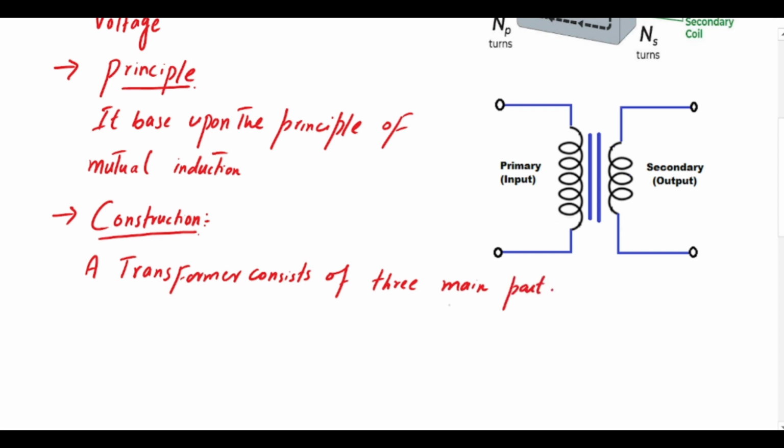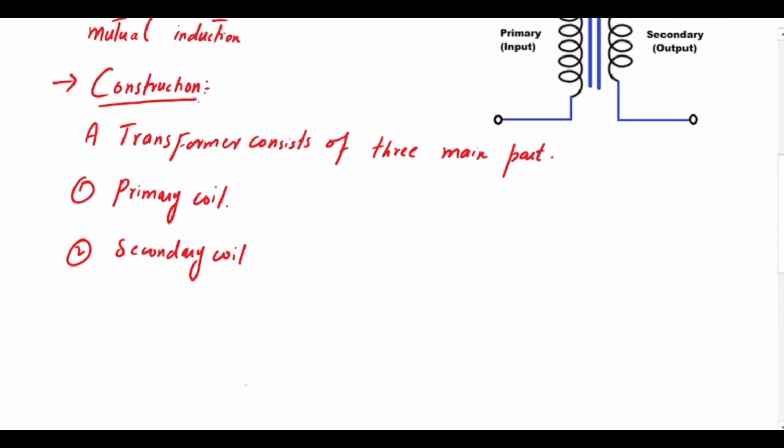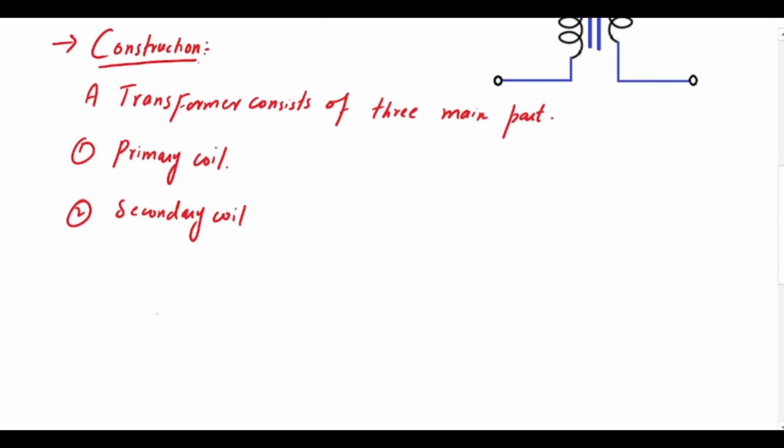Any idea? No, sir. So first one is primary coil, second is secondary coil, and the third one is laminated soft iron core.